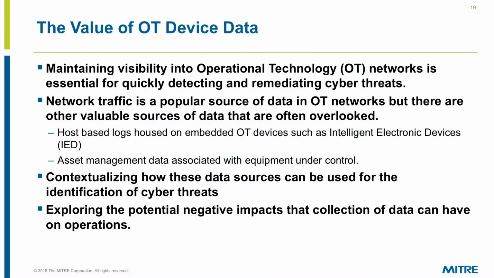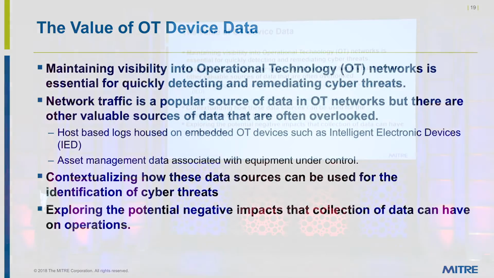Can that be utilized to understand what's going on with our network or with our industrial control system? So we have to contextualize these data sources and think about how they can help us in terms of security. And then we have to explore potential negative impacts that may happen based on collection of this data.